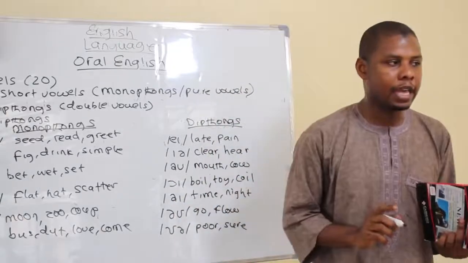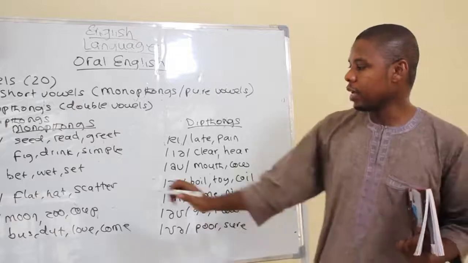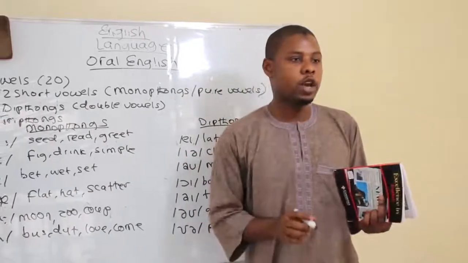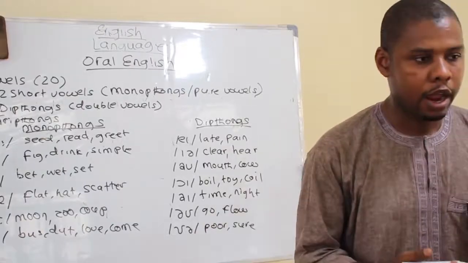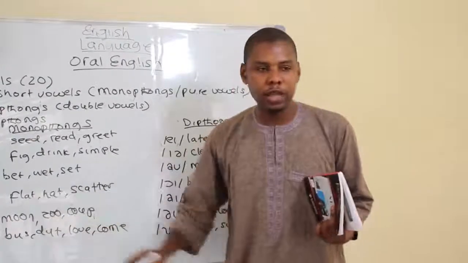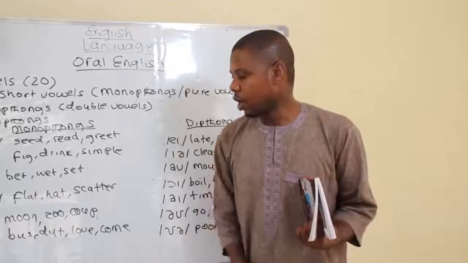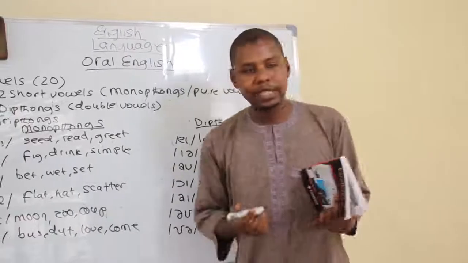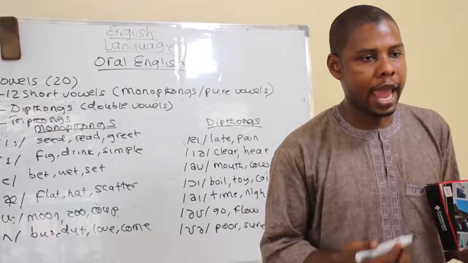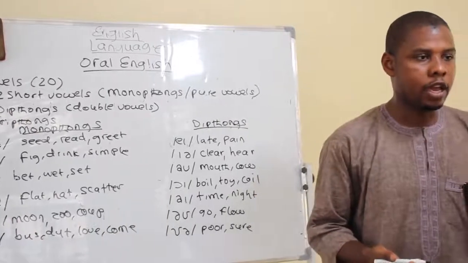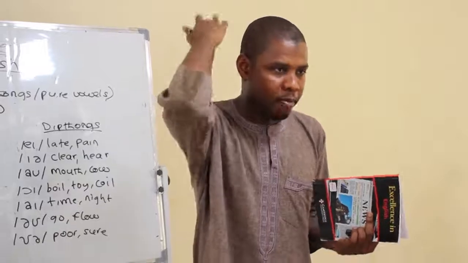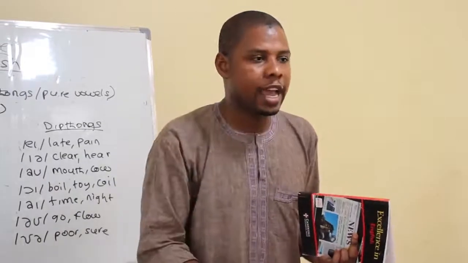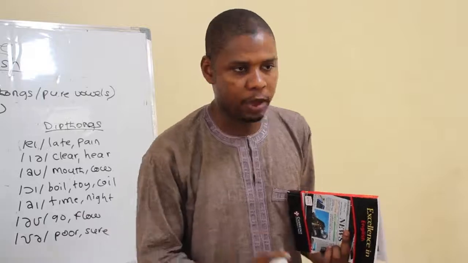Now the next one is found in words like flat, hat, or scatter. Or even in words like back, not beck, and even words like ran, not run.